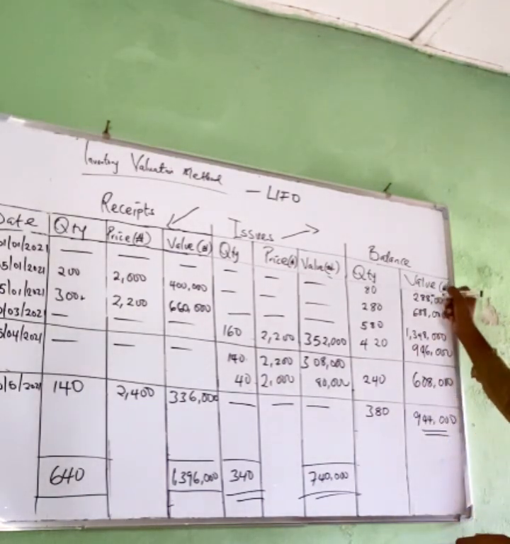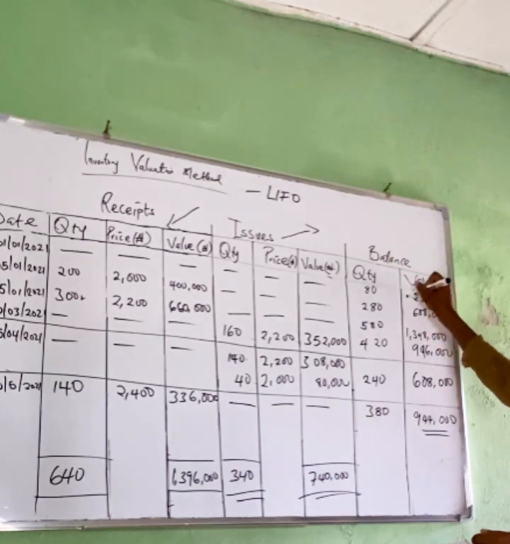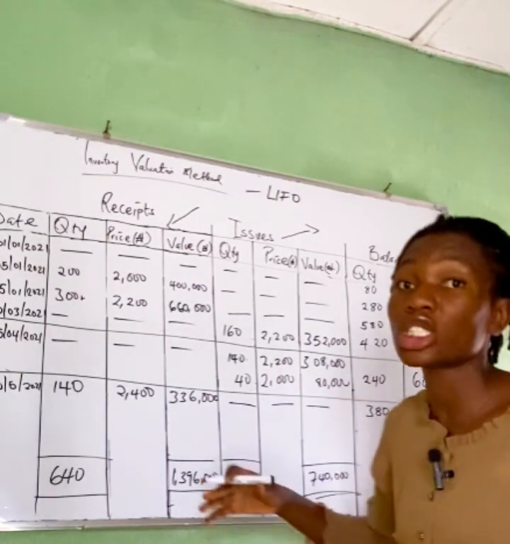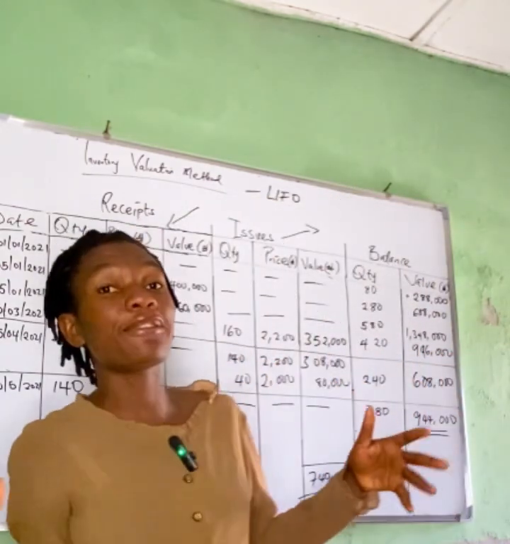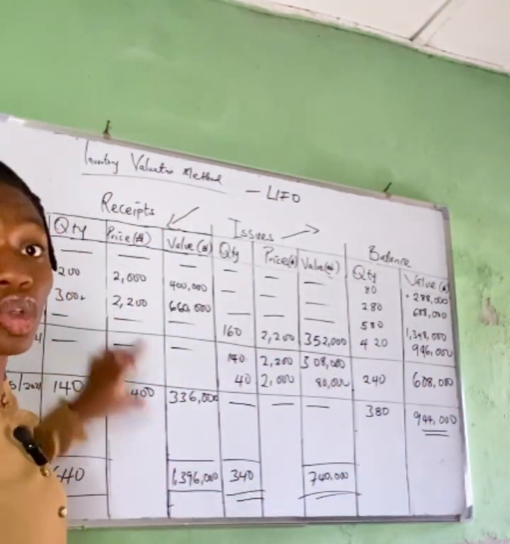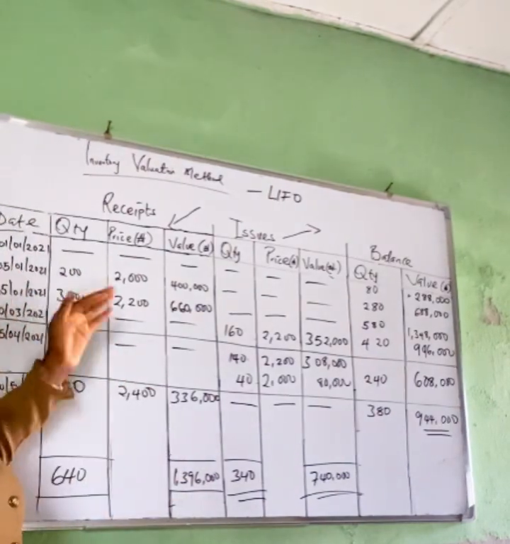Then we remember our opening stock. We add it to our opening stock, and we'll be having 944,000. So this is how we do it when we are using the last in first out method. We are issuing the most current goods before we issue any other.